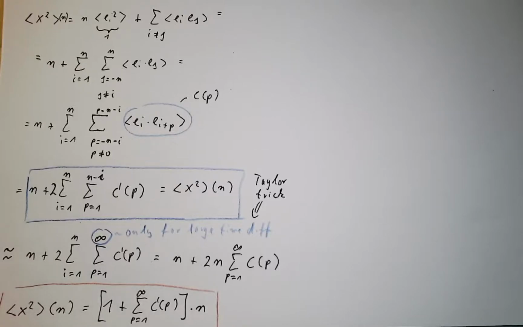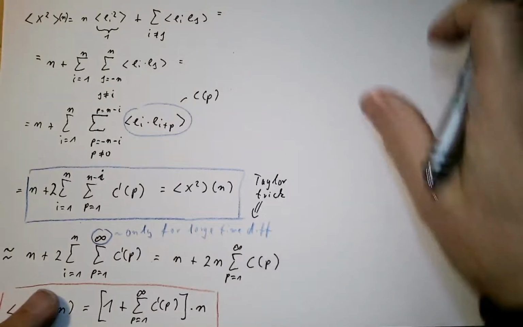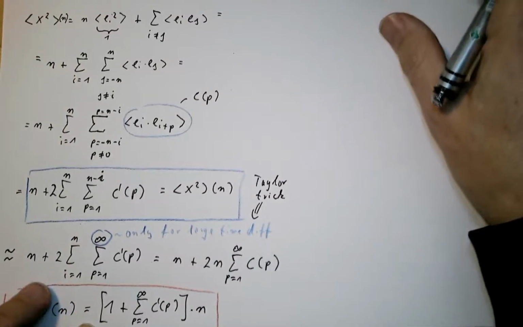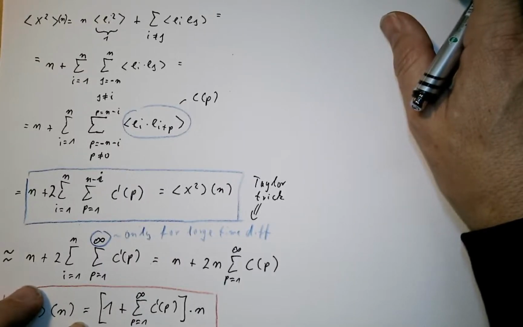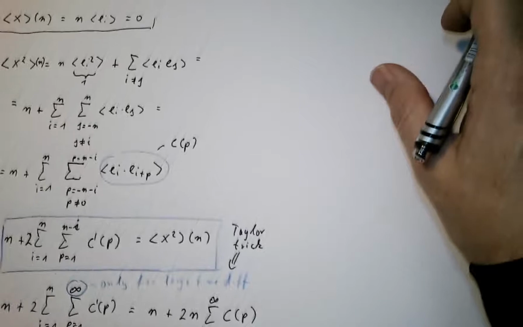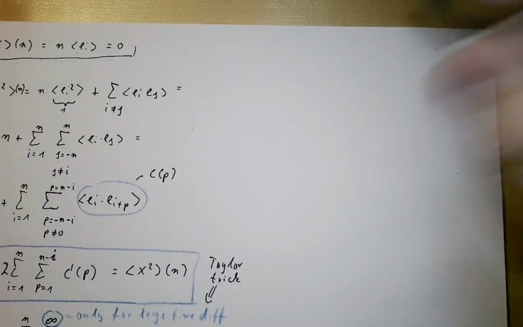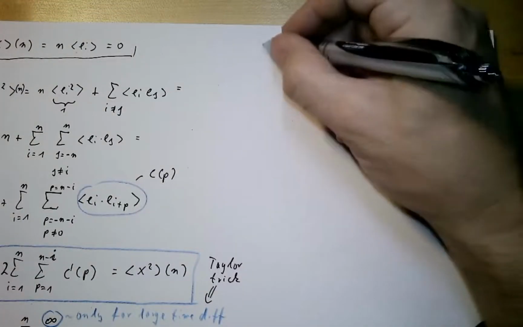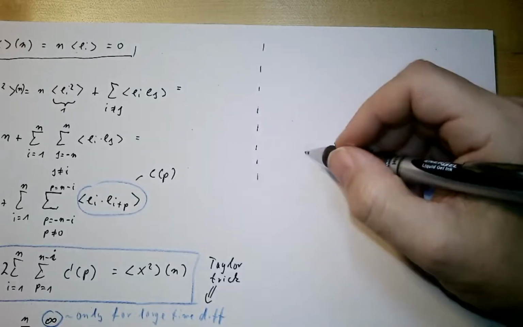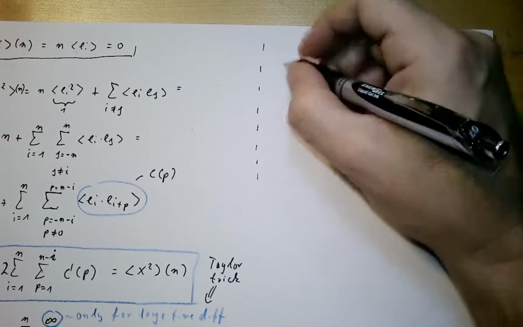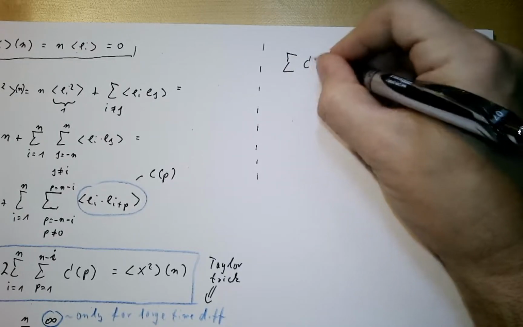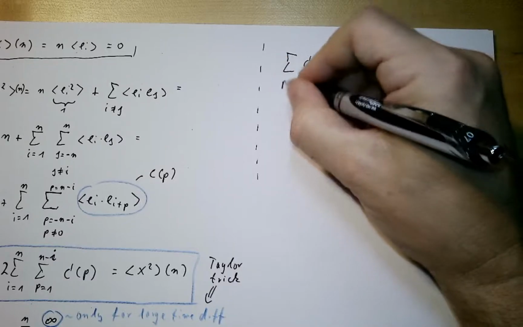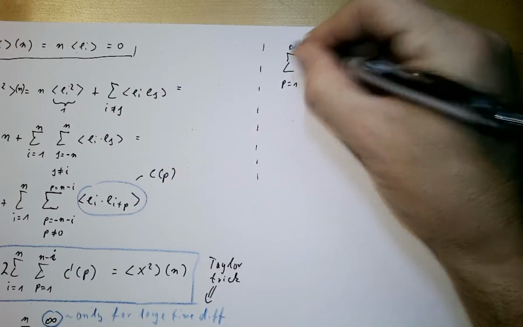Okay, now let's calculate this for our example, because we know the C of p, that's our exponential function. So basically what we have to do, let's first calculate the sum. We should calculate the sum of our C of p from p equal 1 to infinity.